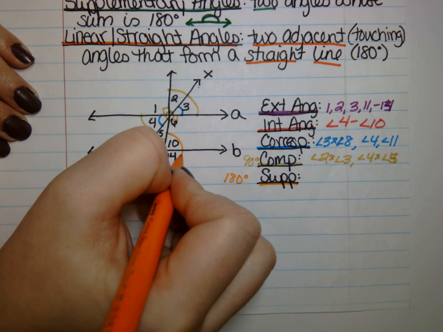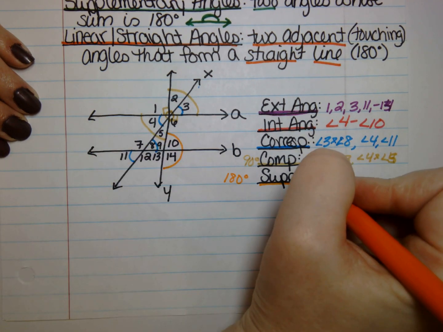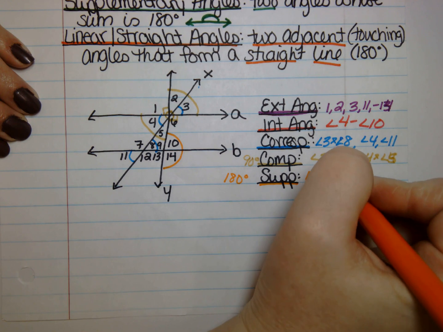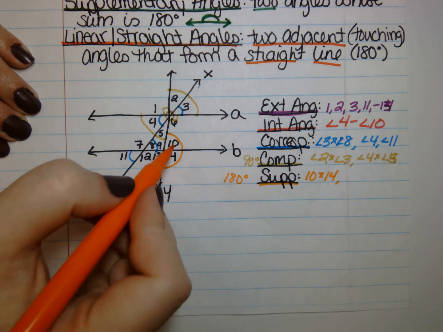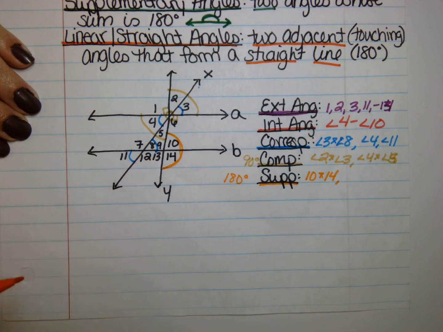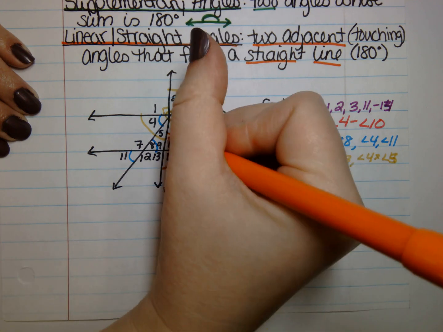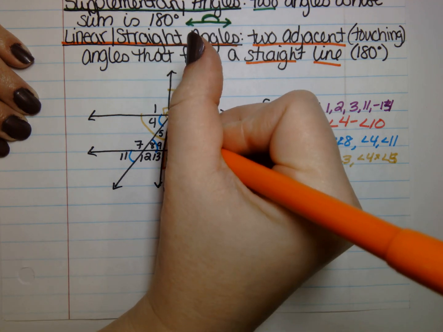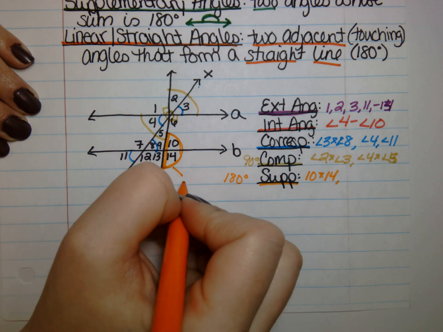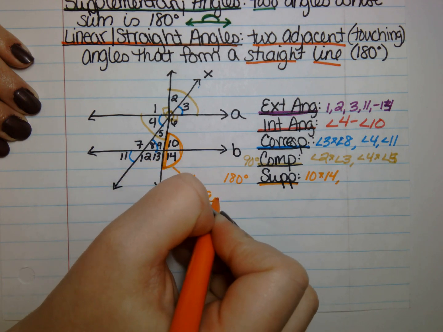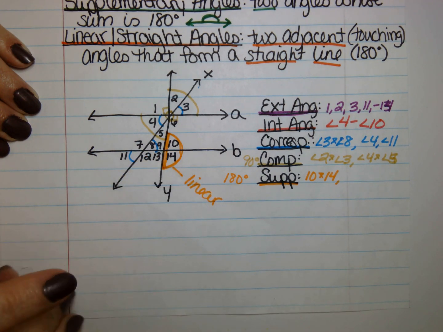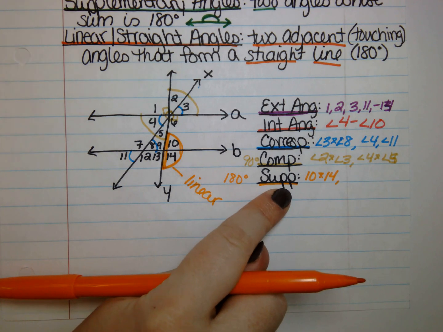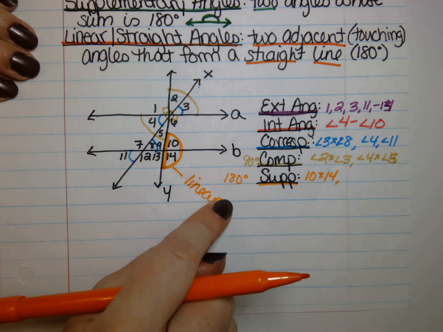So, for example, I have 10 and 14 could be supplementary because I can draw that half circle. We said when you can draw that half circle on a straight line, that means that these are also linear, but not all supplementaries have to be linear.